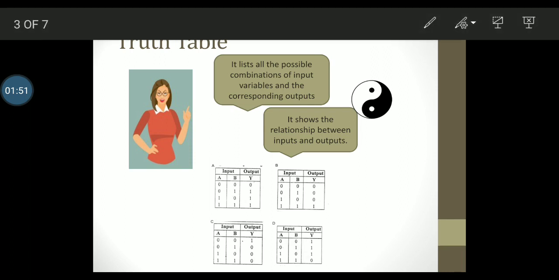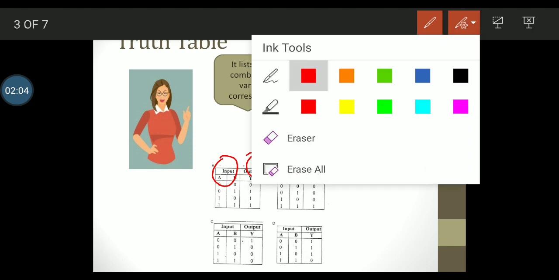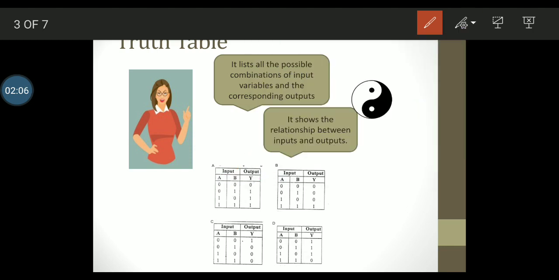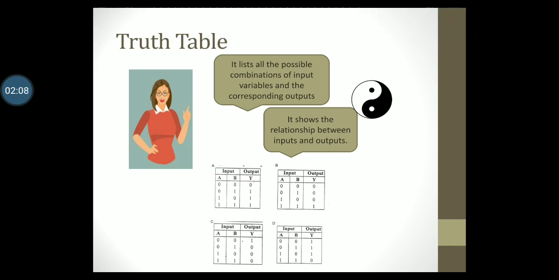If you look at the diagram below, you can see listed here are inputs and outputs. So the inputs are A and B, and there is a single output Y. Also, a truth table describes how the digital circuit will behave based on various input combinations.